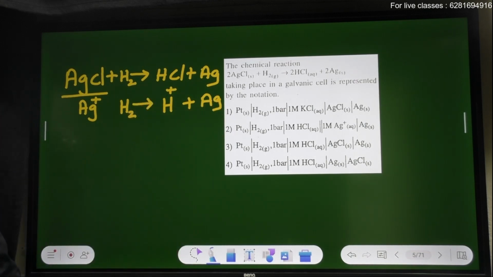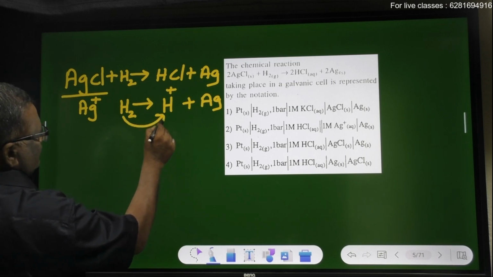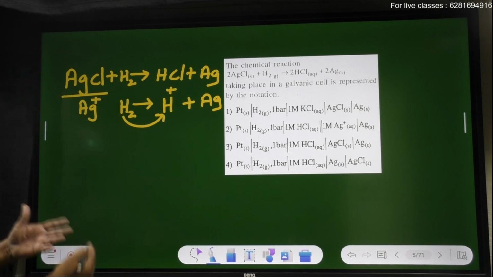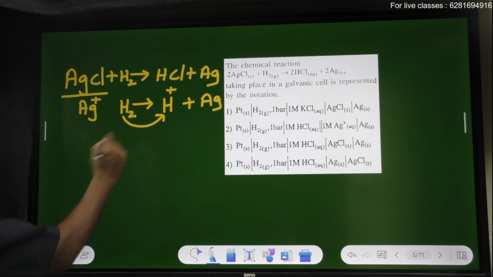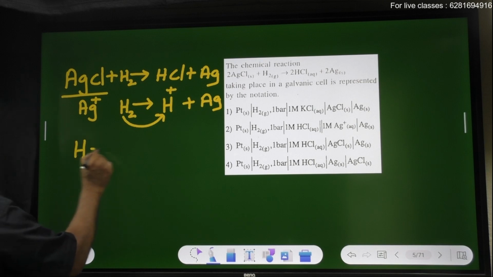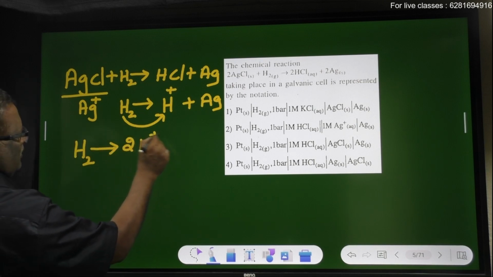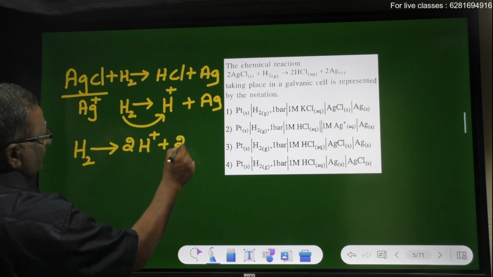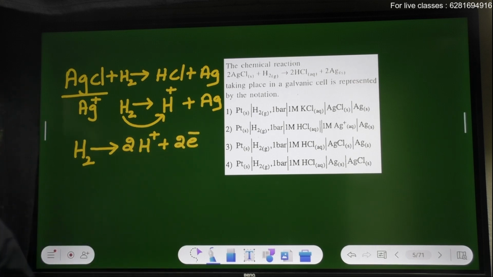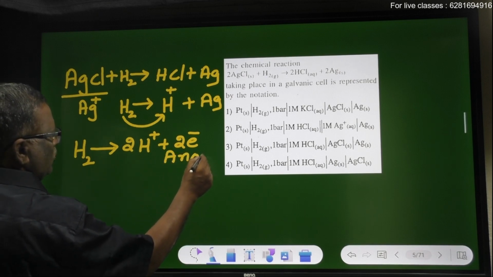If you carefully observe, H2 is converted to H+. How is H2 converted to H+? H2 is converted to H+ by losing 2 electrons. That means it is oxidized. If it is oxidized, this reaction will take place at the anode.